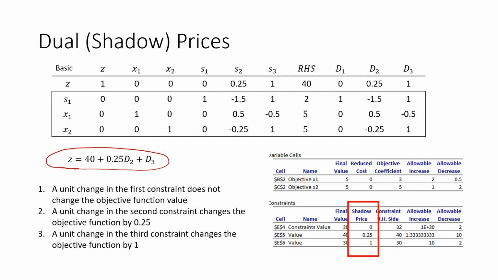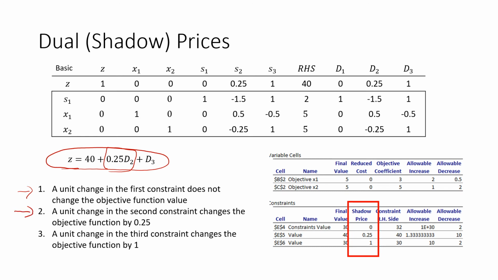Well, D1 is not in there, so if we change D1, it's not going to impact the value of our objective function. What about D2? Well, there's a 0.25 D2, so that tells me that every time D2 increases by 1 unit, the value of my objective function goes up by 0.25.